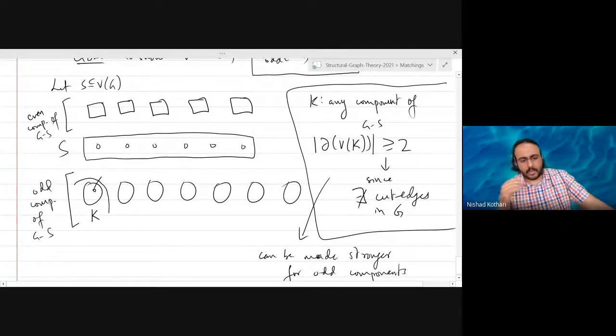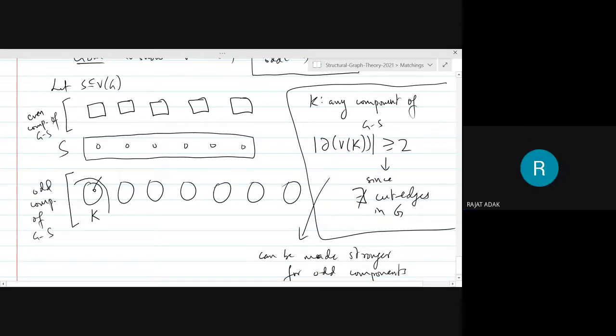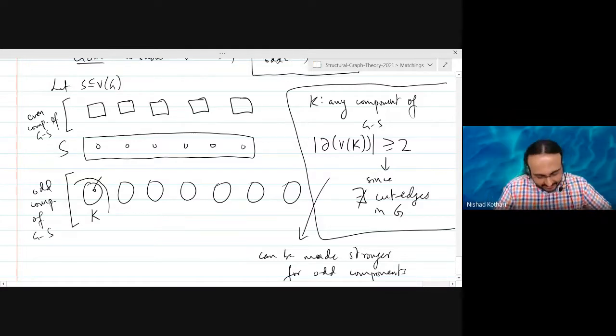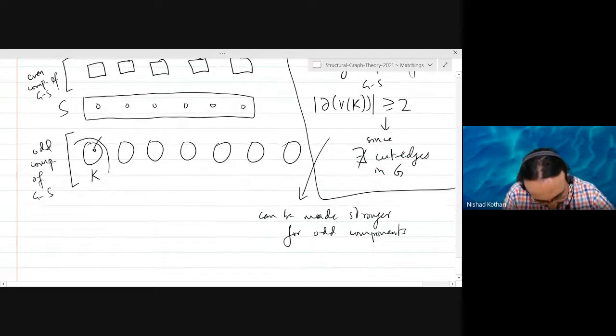Does anybody see that? I'll give you a hint. It is related to something you proved on one of your assignments. The cut of K must be odd, right? Right, exactly. This is from assignment 1.